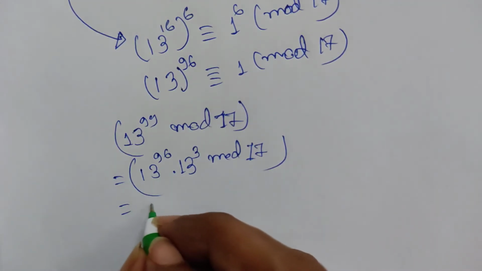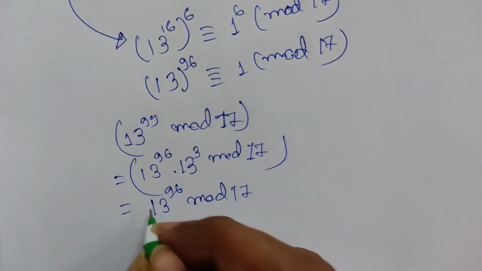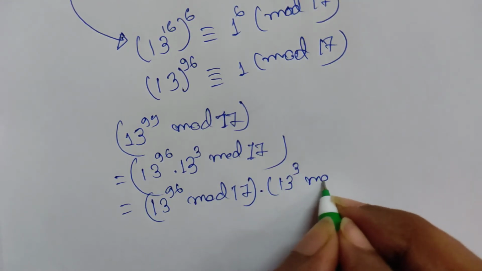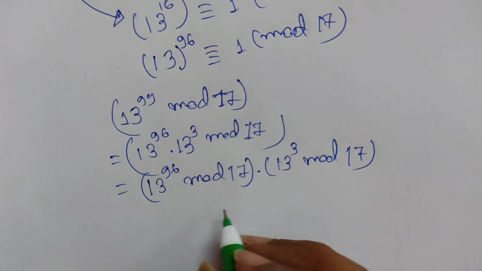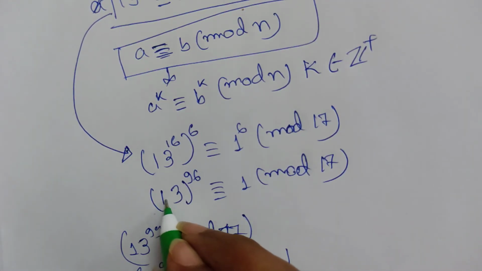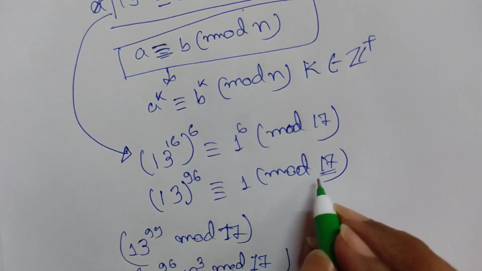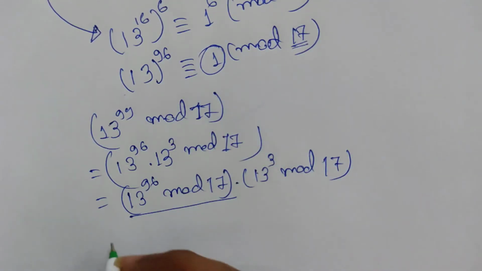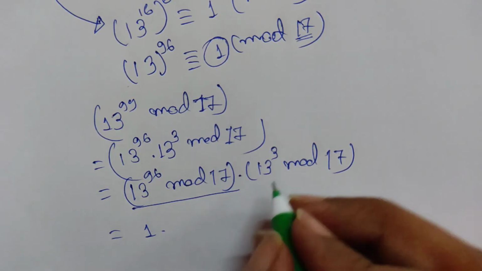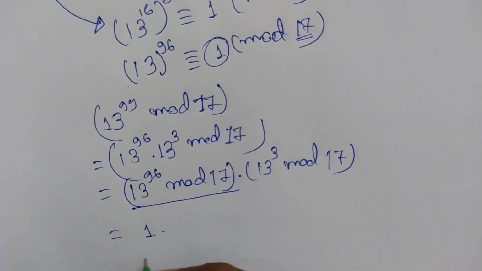We can write it like this. We know this is 1 because if we divide 13 to the power 16 by 17, the remainder is 1. So the remainder is 1, and we can easily do 13 cube.